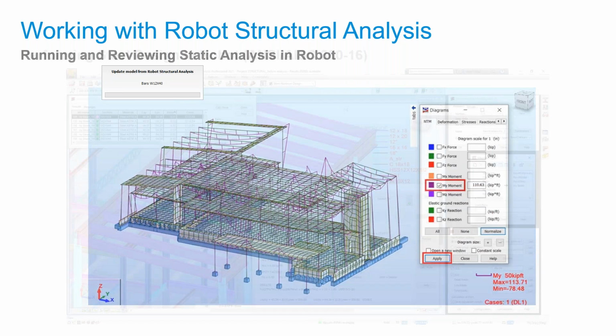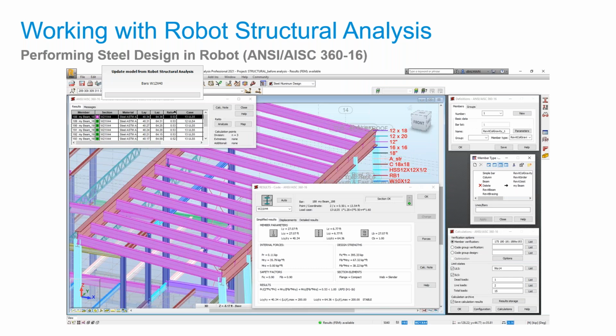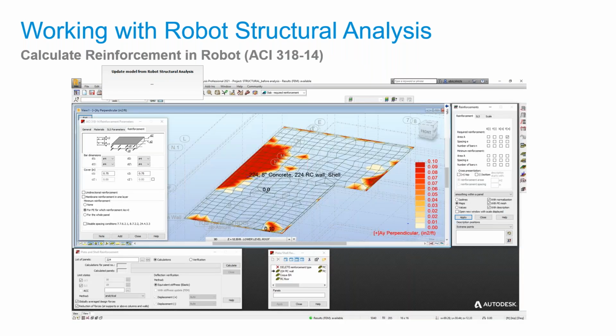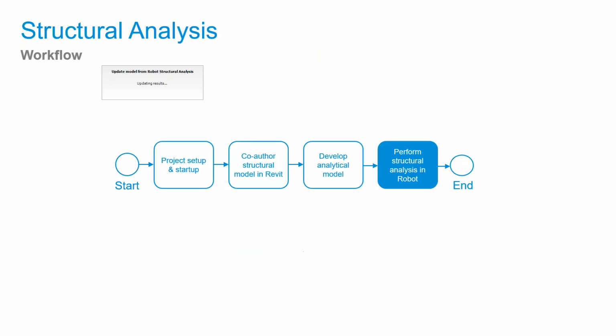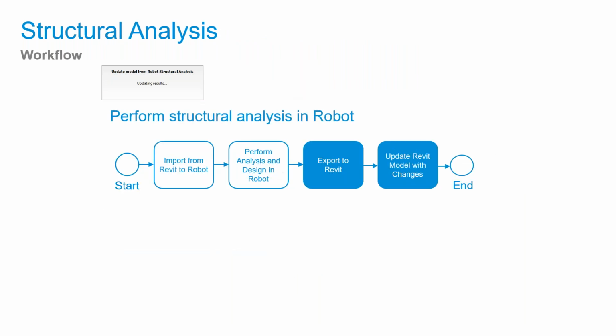After I do steel design according to US rules. After I do reinforced concrete analysis of the slab. Okay, and then when you have done this, like I'm about to do, I will update this in Revit.